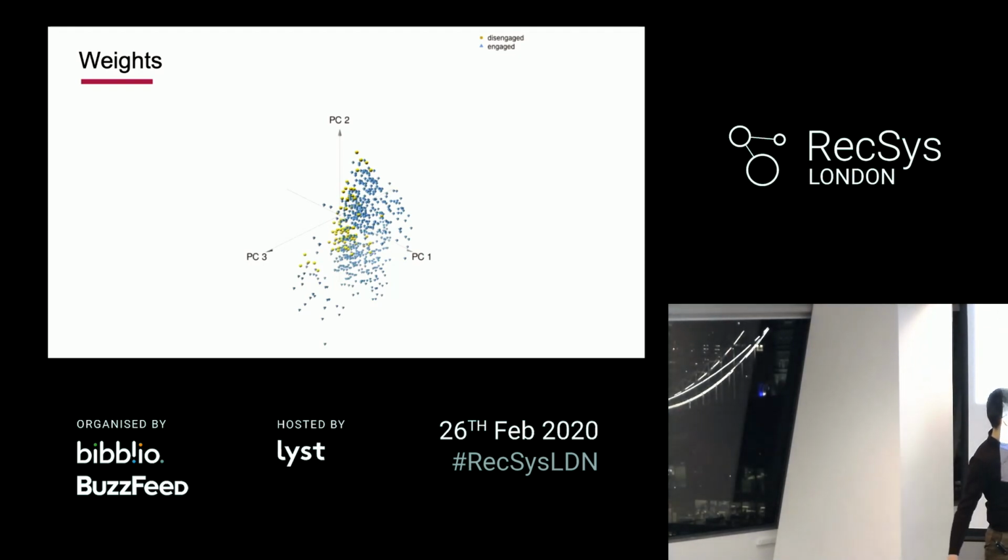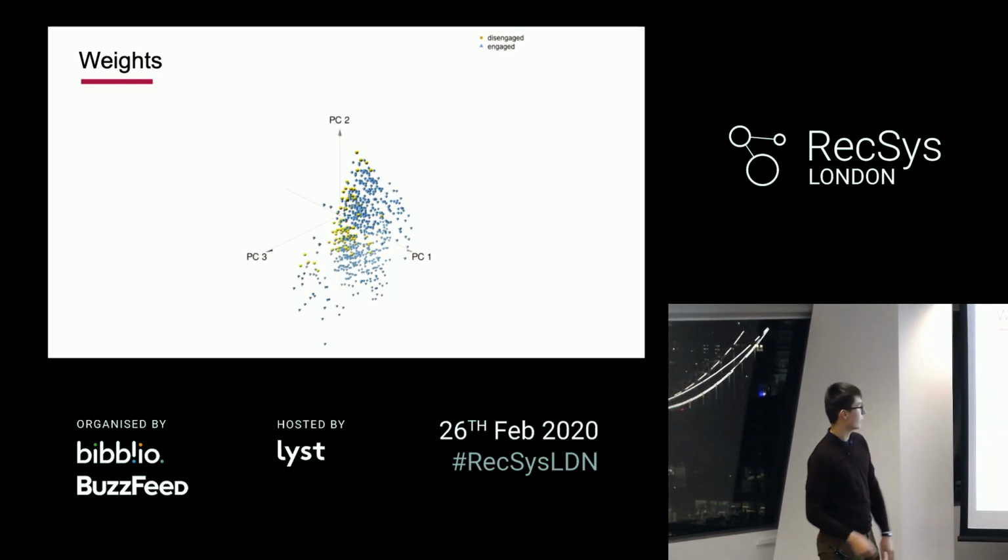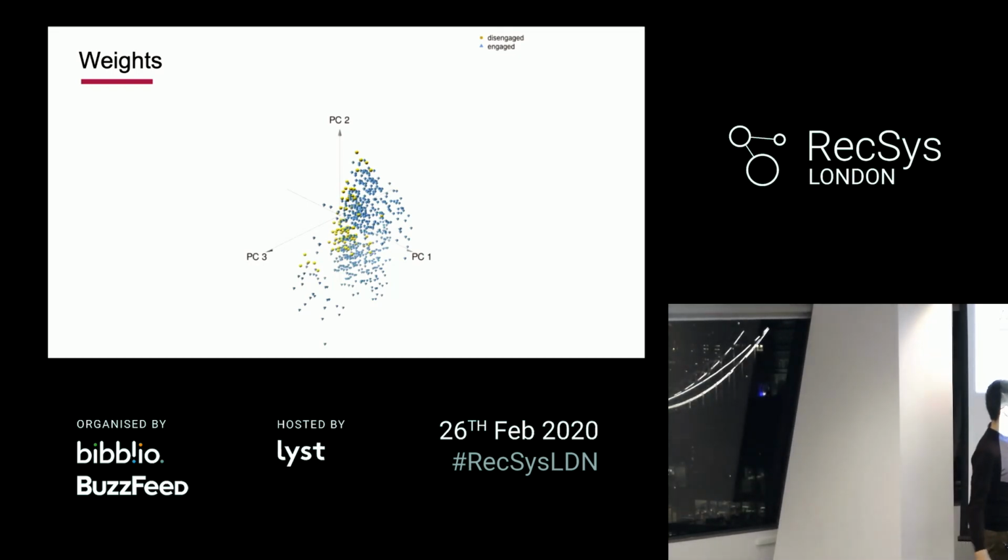So this presents a summary of the principal component analysis which we conducted. The XYZ axes represent principal components, which are weighted averages of some subsets of all investigated actions. The yellow dots represent the readers who are disengaged with our website, and the blue triangles represent the engaged readers.